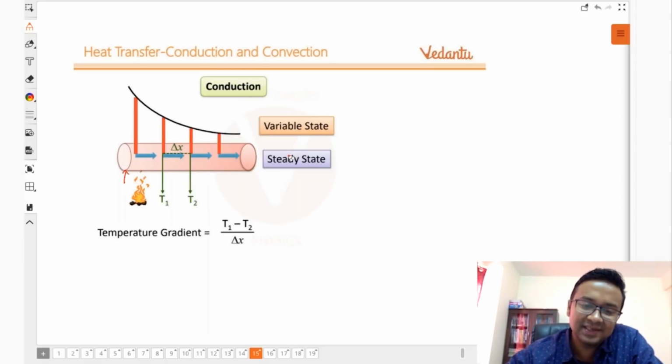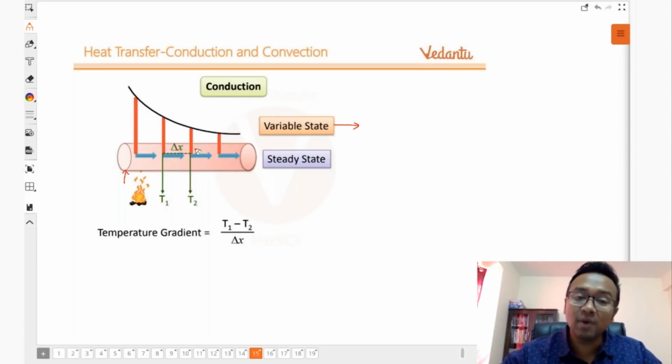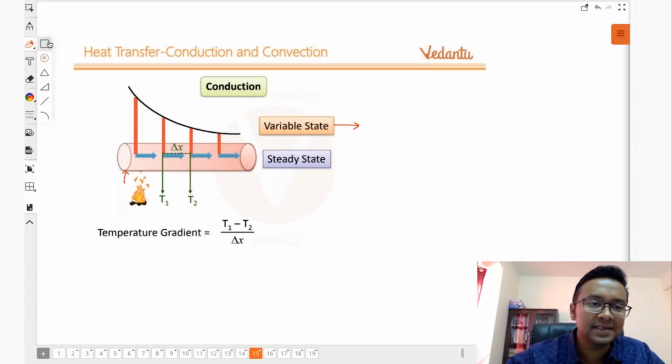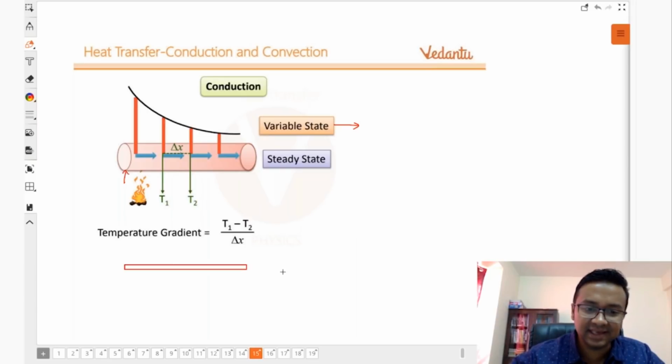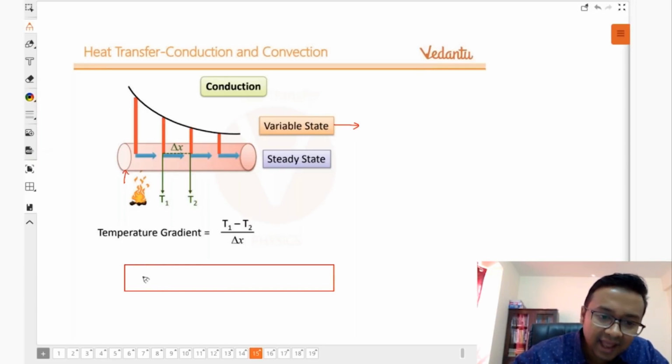Okay, students. Now, initially, there is going to be something called a variable state. Now, what exactly is a variable state? A variable state is one in which the different cross sections that we see here in this conductor, every cross section's temperature is going on increasing.